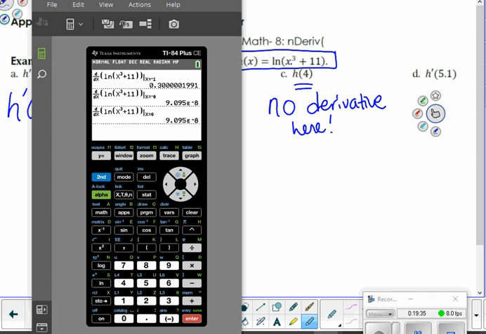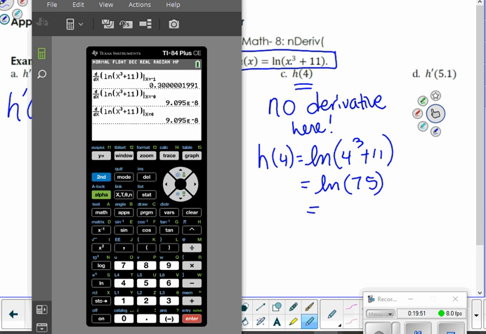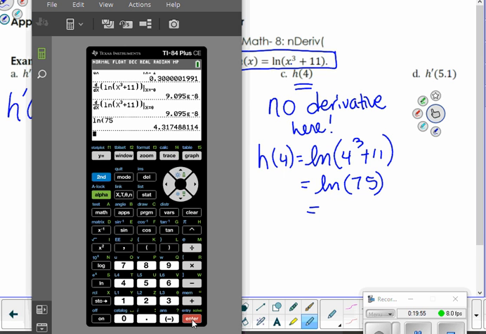Well, I could take 4 and cube it, so h of 4 would look like natural log of 4 cubed plus 11, which would give me natural log of 64 and 11, 75. So I could just go natural log, 75, boom. And we've got an answer of 4.317.